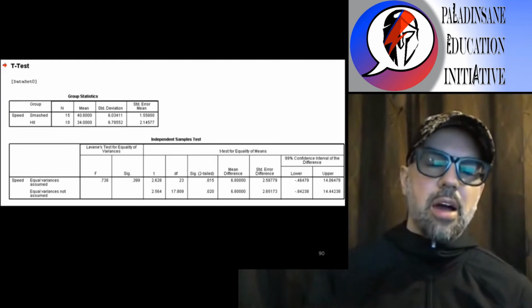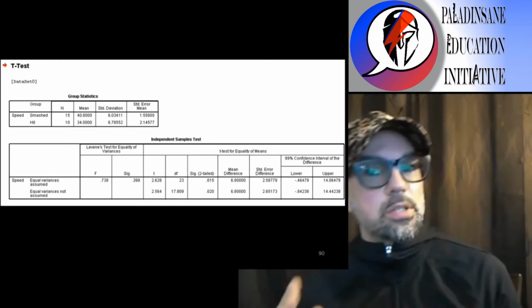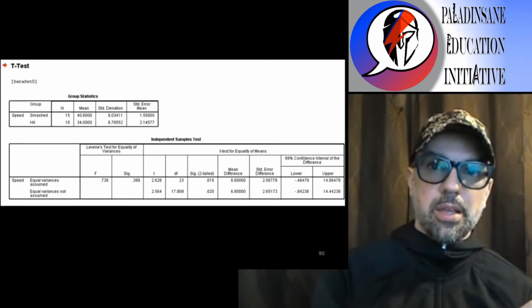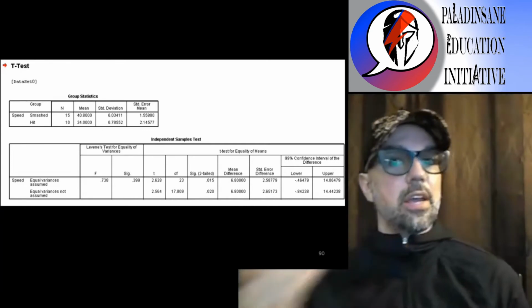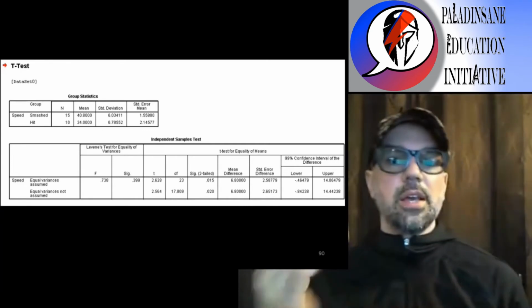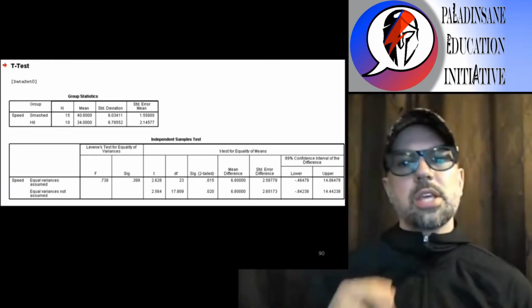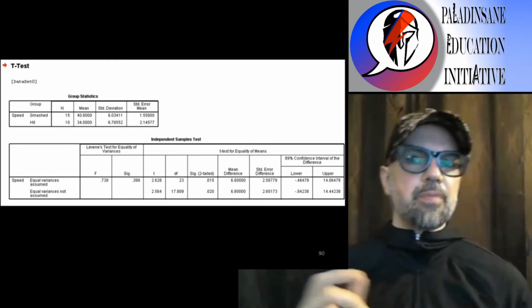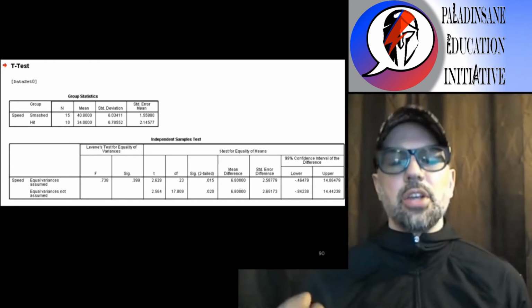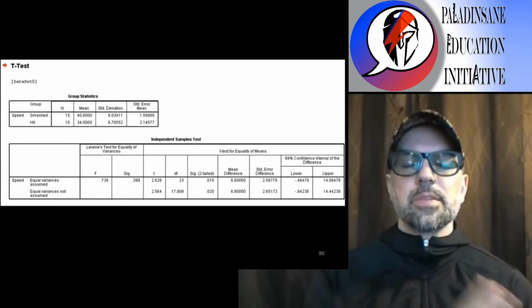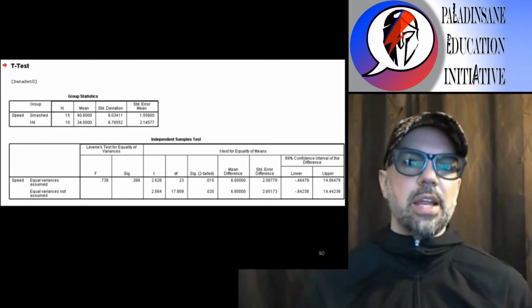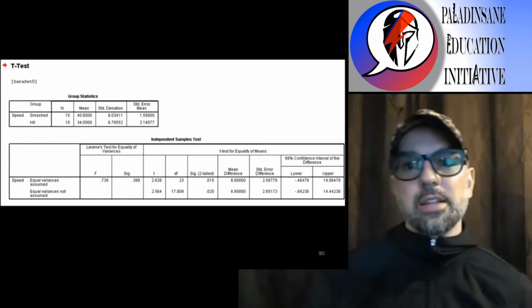So always keep an eye out for whether they're asking how much more something is or how much something is. So what's the increase or what's the value? What's the absolute amount or how much did it change? Always keep an eye out for that, because sometimes, especially in the single sample t-test, you're going to calculate the absolute amounts. Sometimes you're going to calculate the difference. In an independent means t-test, you're calculating the difference.